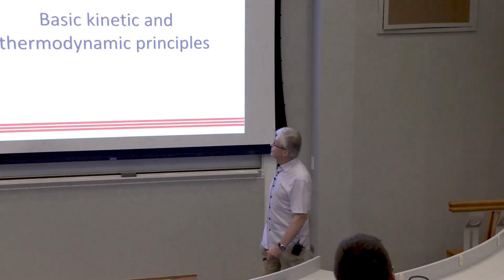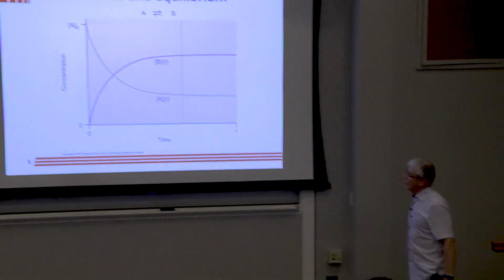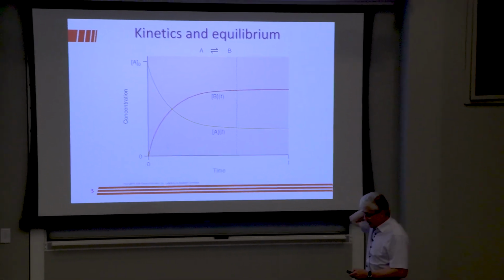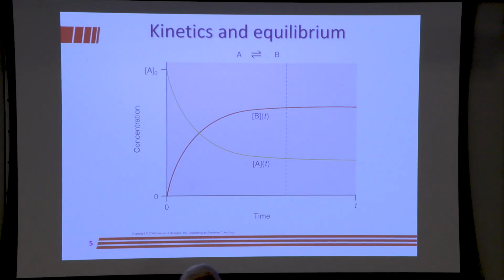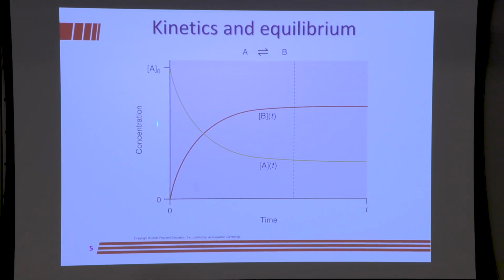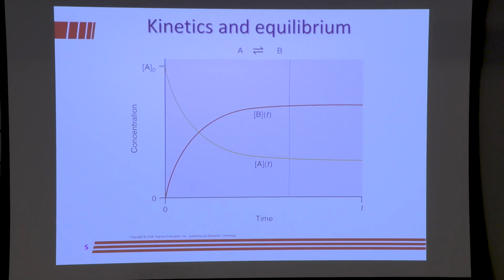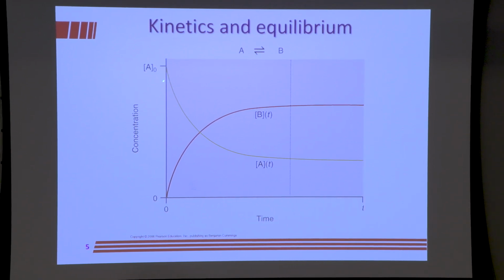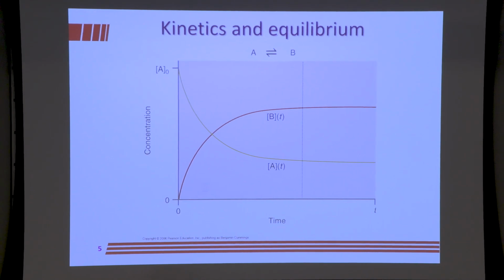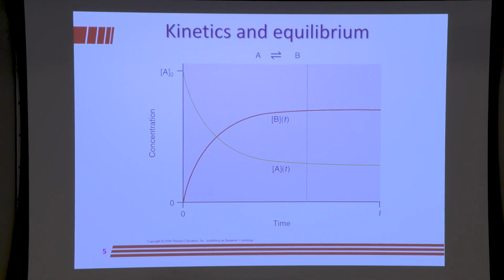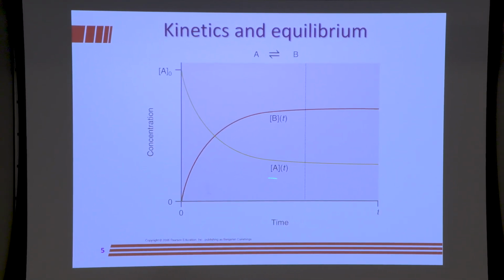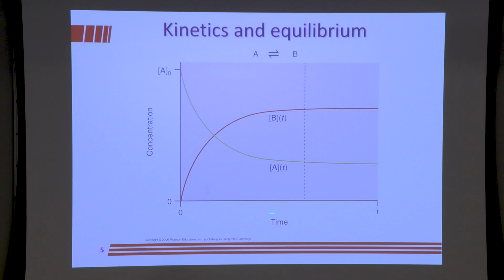Okay, so this is a diagram I like to use. Here I plot concentration on the y-axis versus time on the x-axis. If you put species A into a tank, into a vessel, you close it, and you come along after any given time, there's no units here, so it can be arbitrary time units, right?